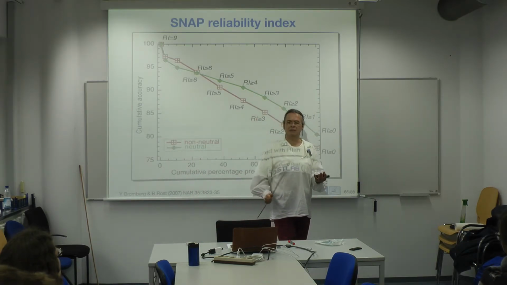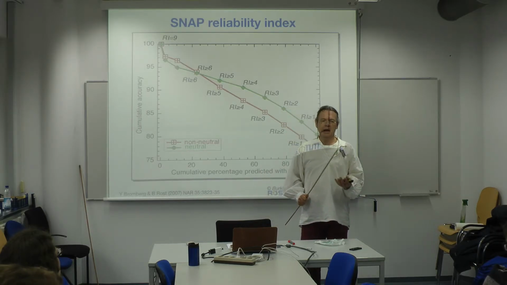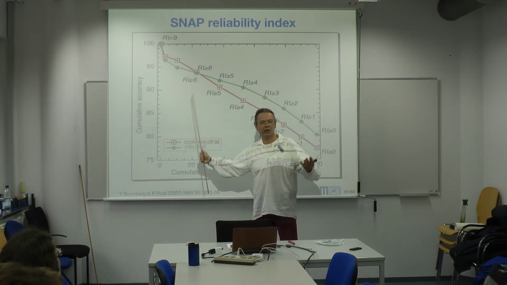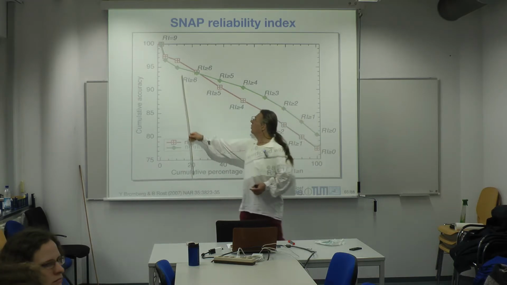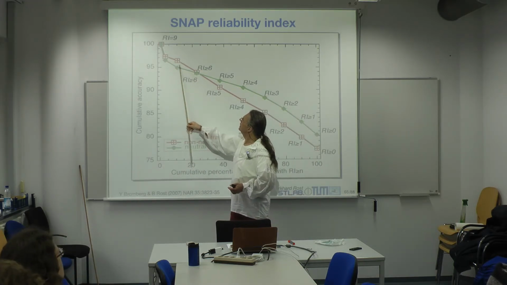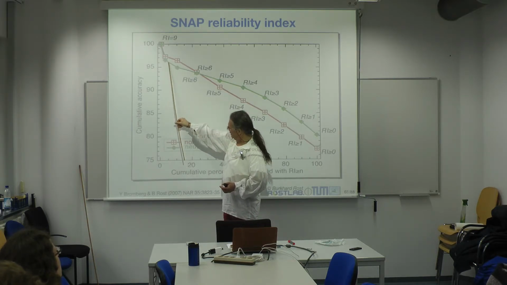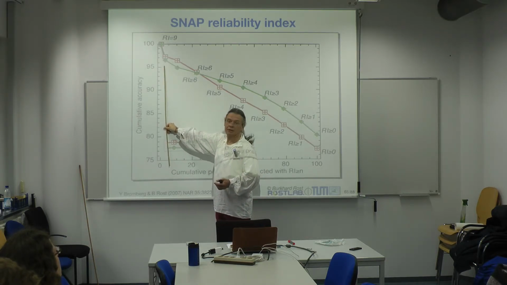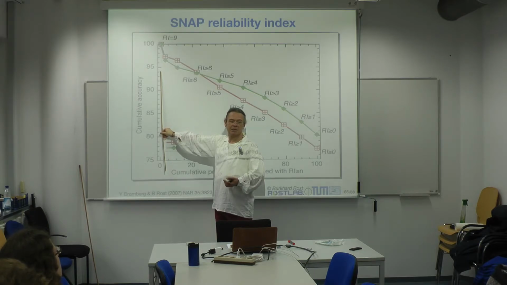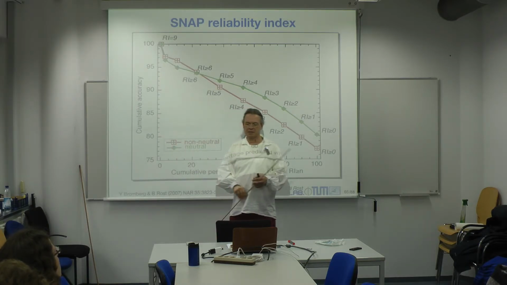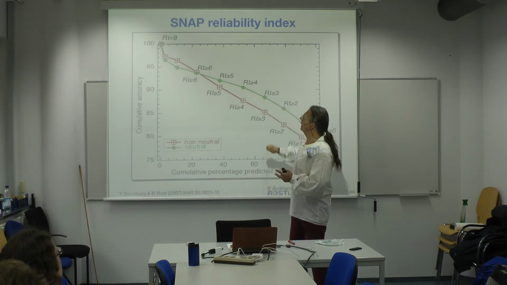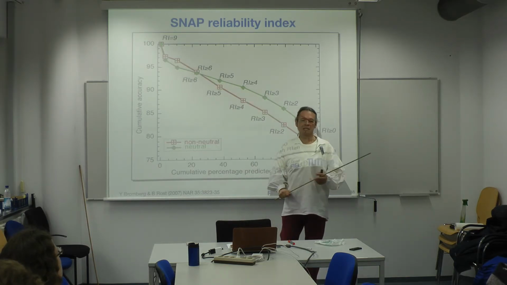If I want to find all the effect variants in my data set, how far down do I have to go, or what fraction do I get when I look at only, say, reliability index 6, 7, 8. I assume that I will find less than 5% of all the variants, but for those, I expect that the performance is above 96%.